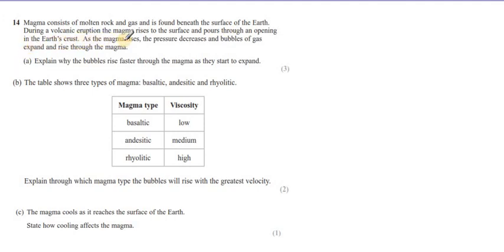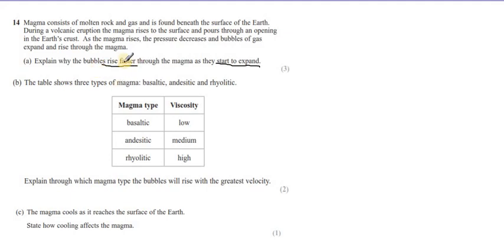As the magma rises, the pressure decreases, and the bubbles of gas expand and rise through the magma. Explain why the bubbles rise faster through the magma as they start to expand.